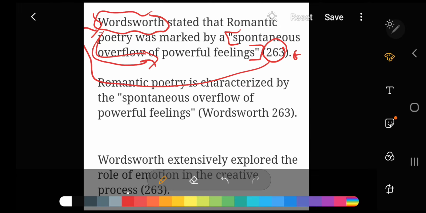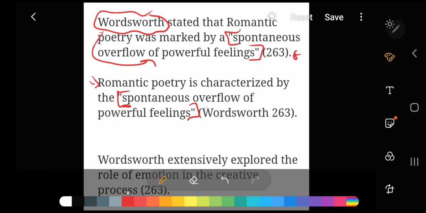All right. Now, maybe, just maybe, we don't want to have Wordsworth in the actual sentence, right? Maybe we still want to have our direct quote down here, spontaneous overflow of powerful feelings, but we want to just lead into that with: romantic poetry is characterized by the spontaneous overflow of powerful feelings. I still have to give Wordsworth credit, right? So I'm going to put the name of the author or authors in the parenthetical citation.